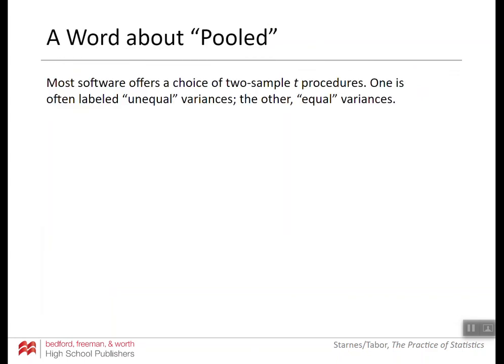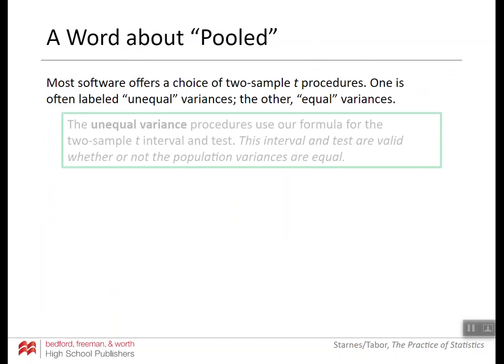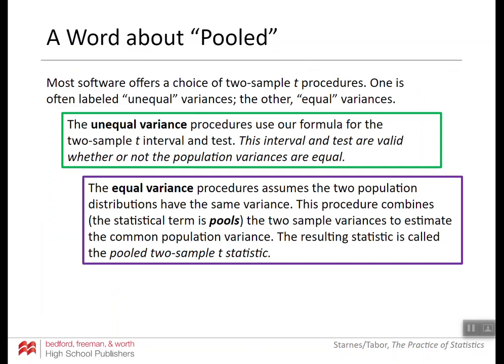One last thing, the word pooled. The software offers a choice of 2 different t procedures. Sometimes they're labeled unequal variances and equal variances, but that's not the language that the calculator uses.